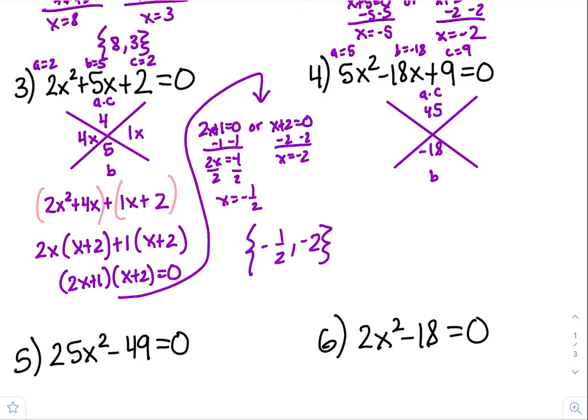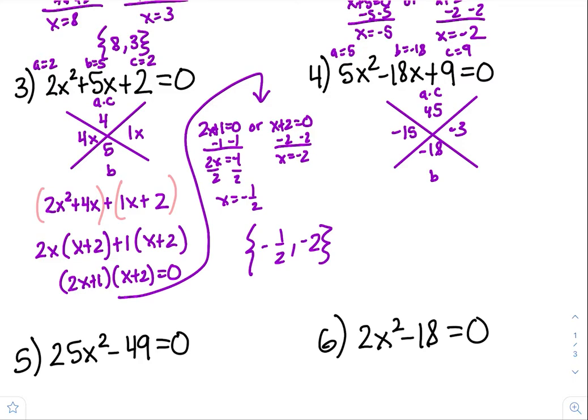So what two numbers multiply to 45, but when you add them, give you -18? And I believe that is -15 and -3. Now, since a is greater than 1, that means you have to factor by grouping.